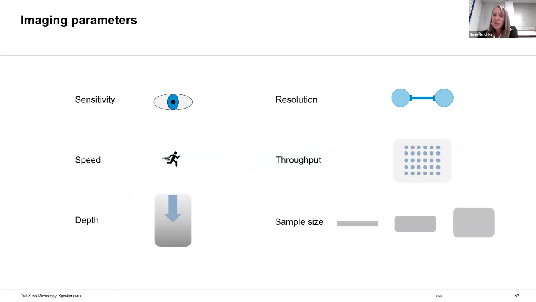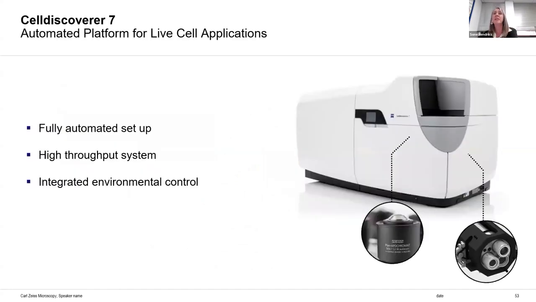But let's quickly change gears completely to show some examples of your work where the primary focus is throughput. And you might be a little bit more flexible on the image quality parameters of a thin sample. As I mentioned in the beginning of my talk, when throughput is your focus, automation is key.